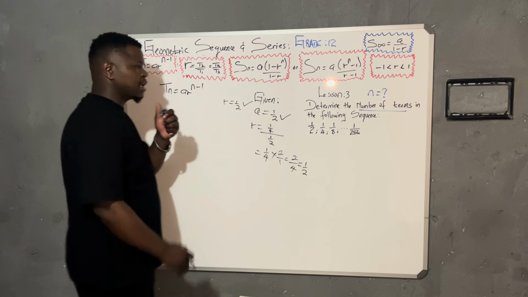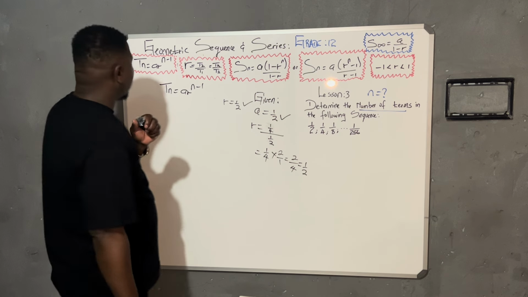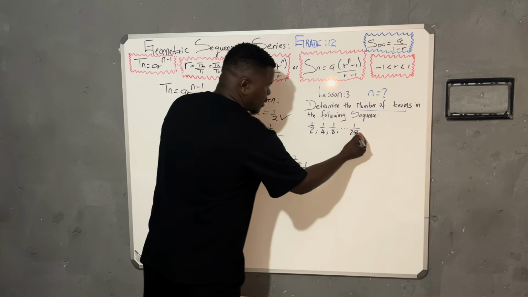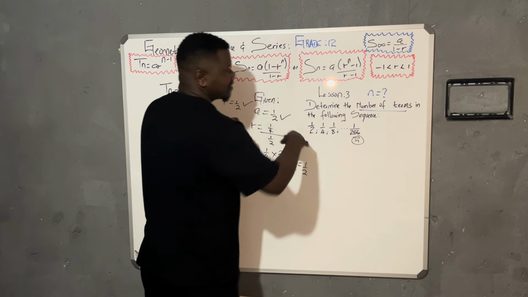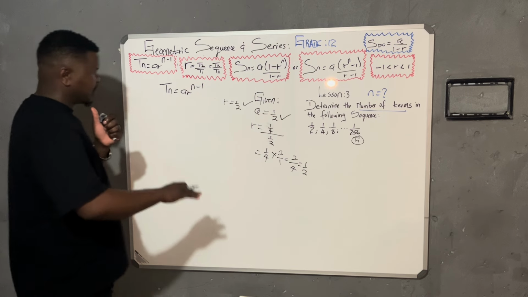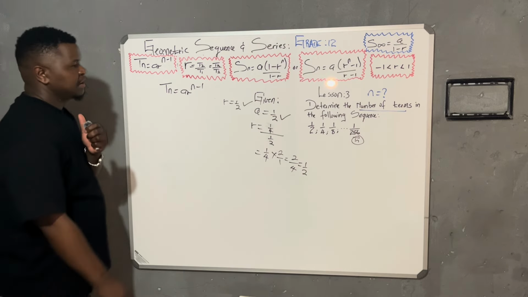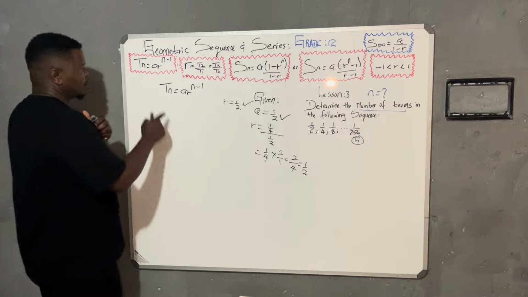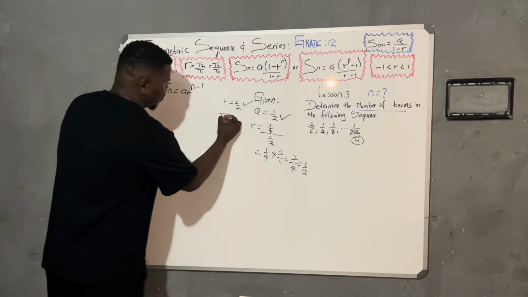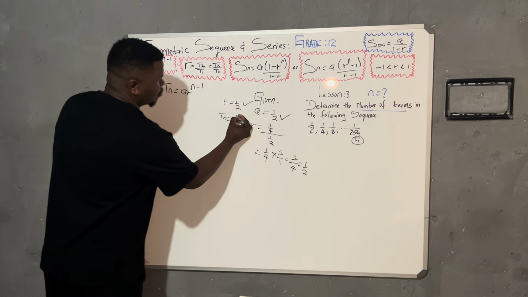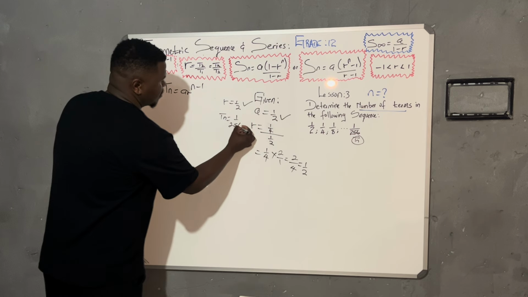I mentioned on the previous video under arithmetic series or sequence that usually the last part here represents the Tn, the last term, the one that is forever on the far right. But be careful, because some might seem to be Tn while they're not. So now Tn, under the given, is also 1 over 256.